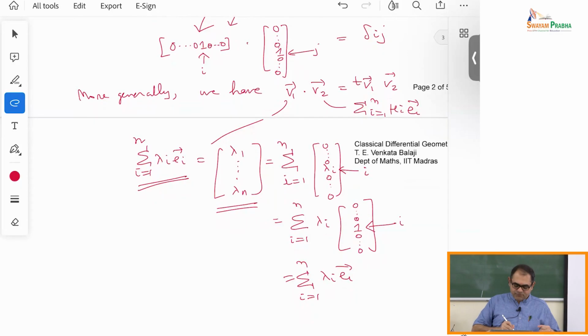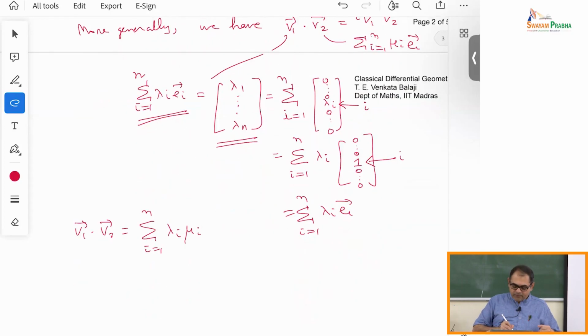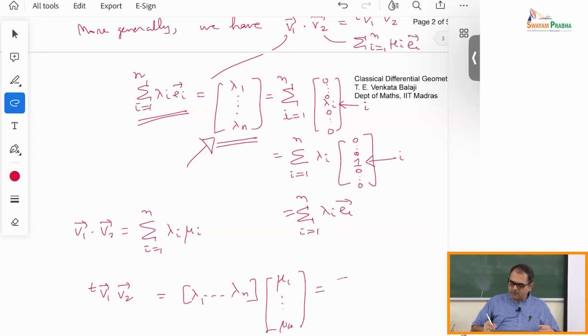Then what is v1 dot v2? v1 dot v2 will be just the summation i equal to 1 to n of lambda i mu i. That is the dot product. But how will you see it as multiplication of matrices? You can take transpose v1 and simply multiply by v2. Transpose v1 is lambda 1 up to lambda n, and you multiply it with v2, which is mu 1 up to mu n, and of course you are going to get the sum of lambda i mu i, i equal to 1 to n.